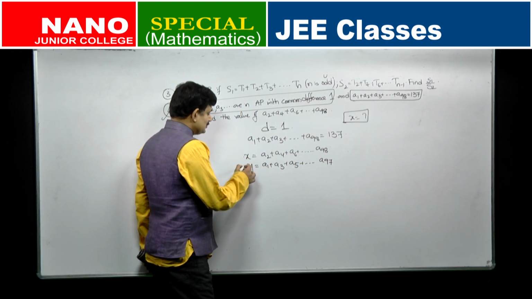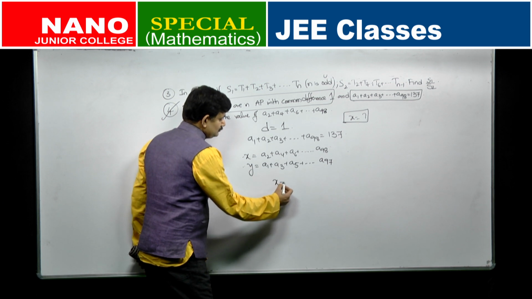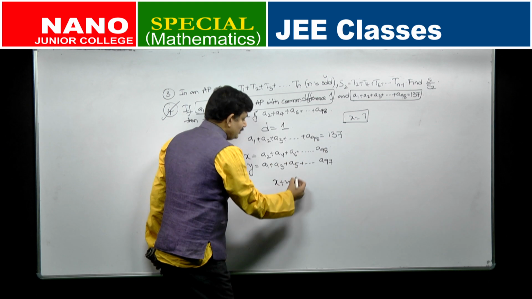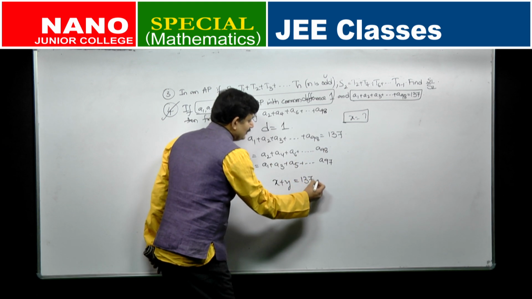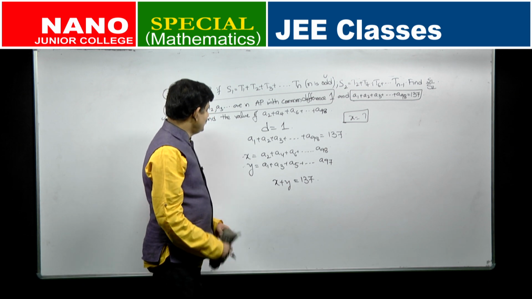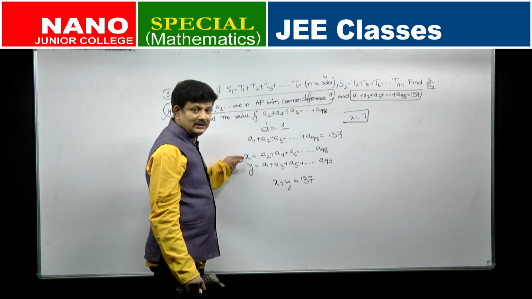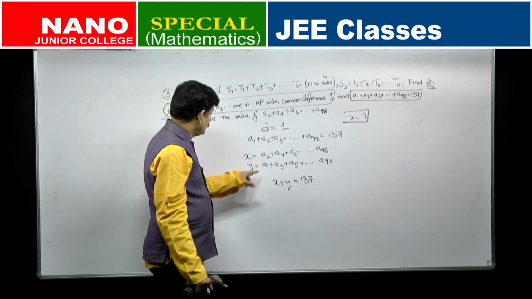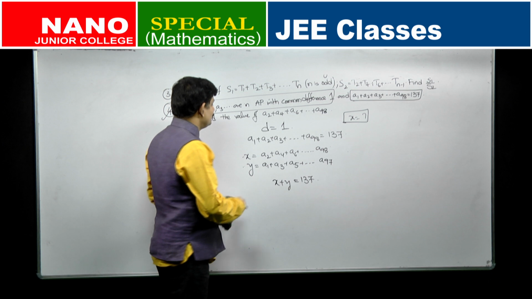Okay. So, the sum of even terms plus odd terms, x plus y, is given to be 137. Now, understand what is the relation between x and y. The common difference of this AP is 1.